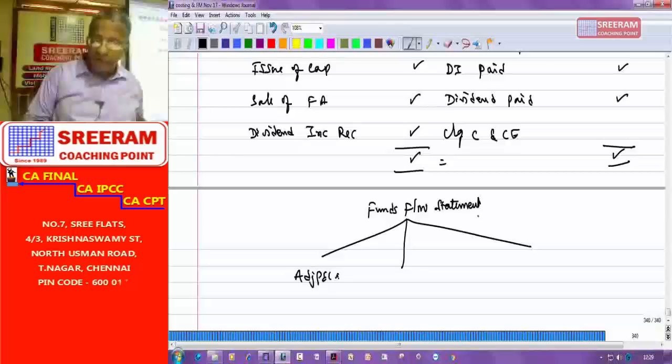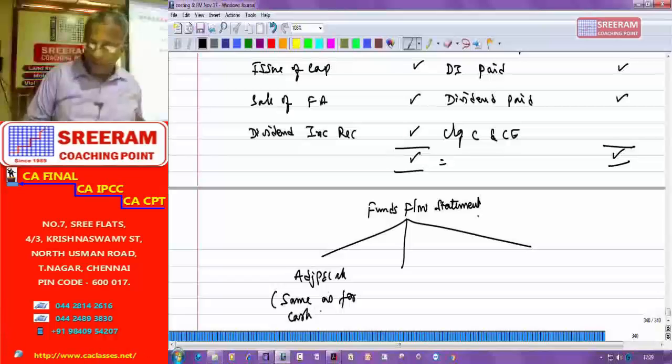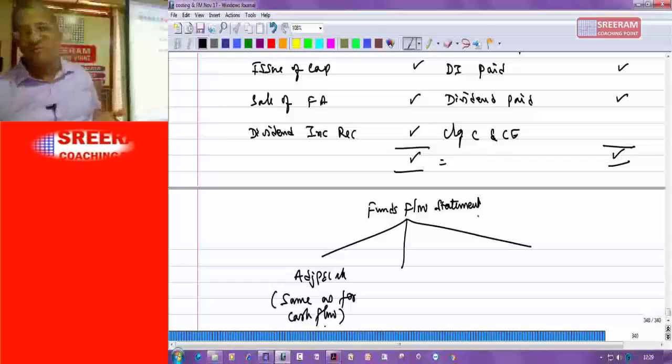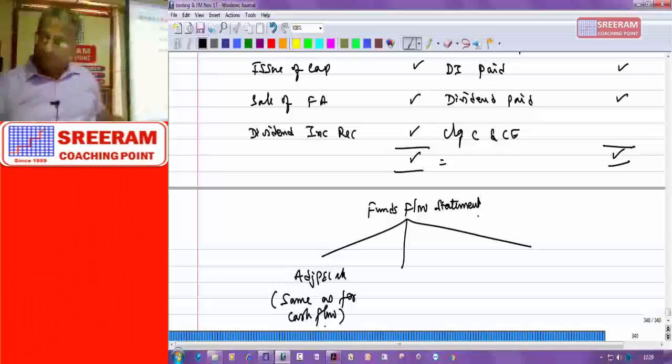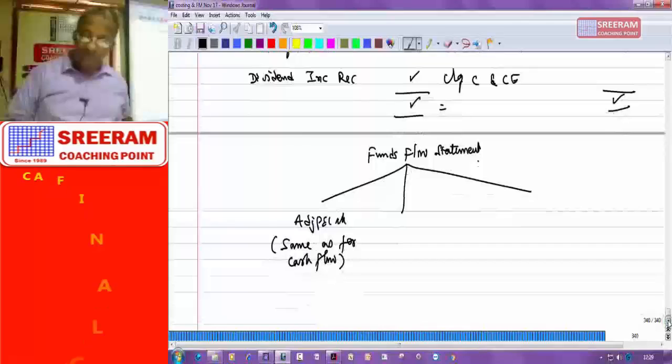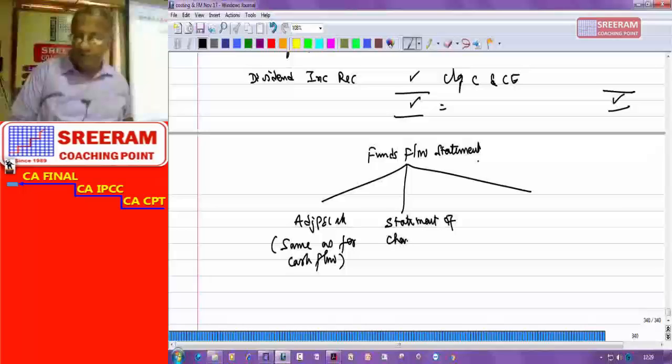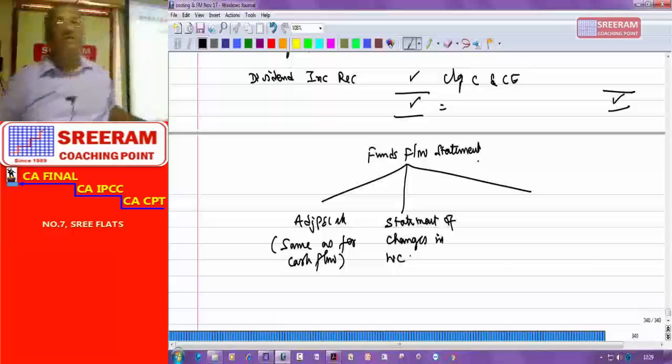Adjusted P&L account, same as for cash flow. I don't have to repeat that. Next, statement of changes in working capital.